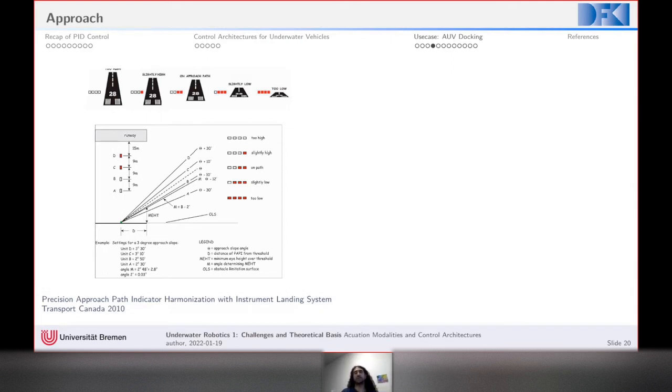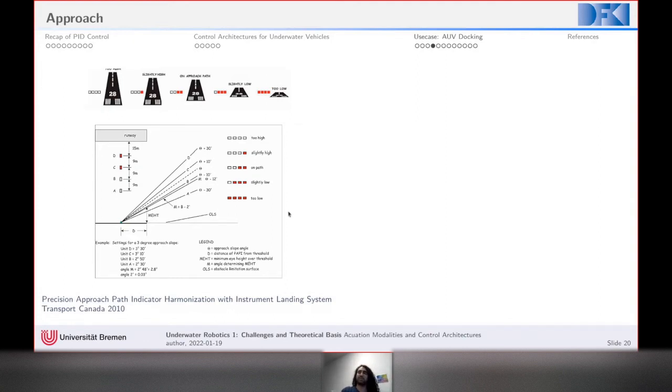If the vehicle is above this inclination angle, then it is too high, and if it's below, then it's too low. If you're not on the right glide path, you have to decide whether to abort or adjust the landing of the airplane.